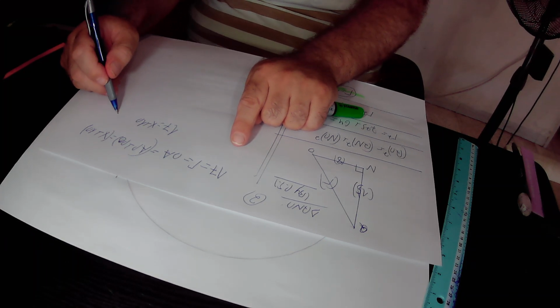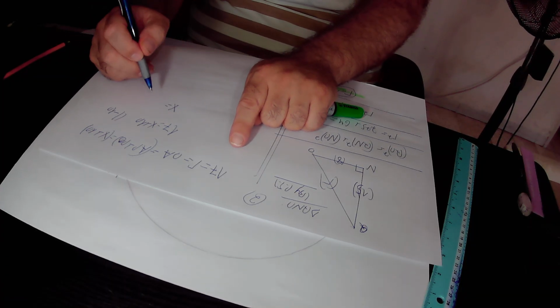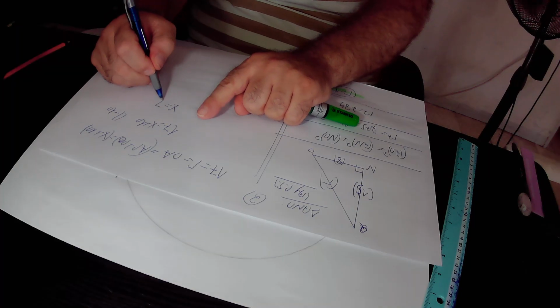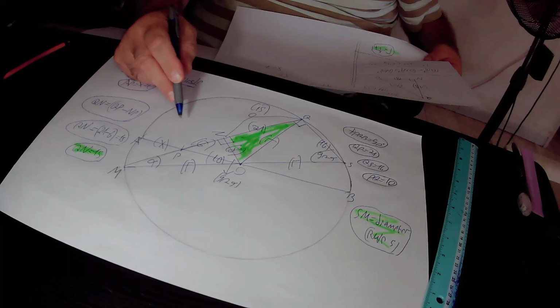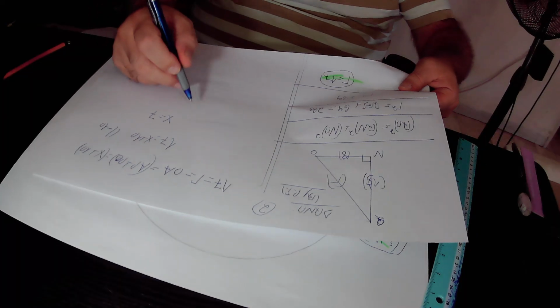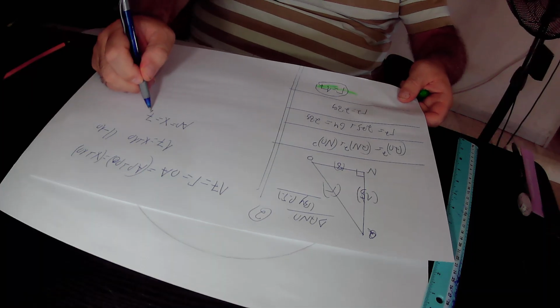Here we subtract 10 and find that X equals 17 minus 10, which is 7. So AP, which equals X, is 7 units in length.